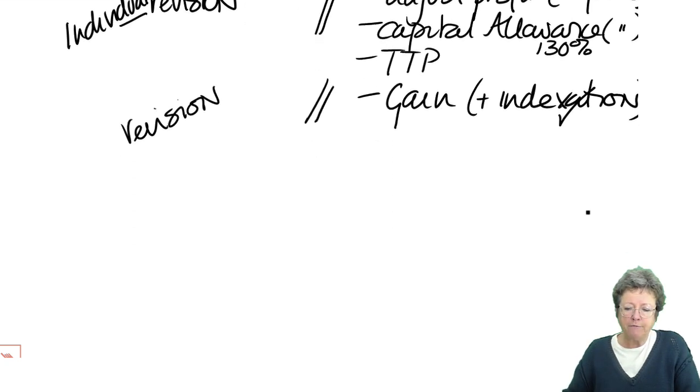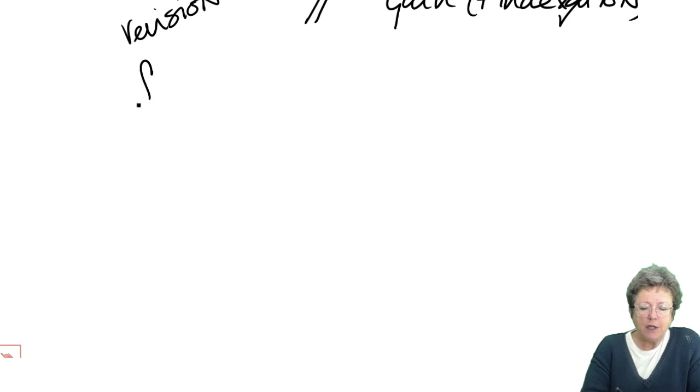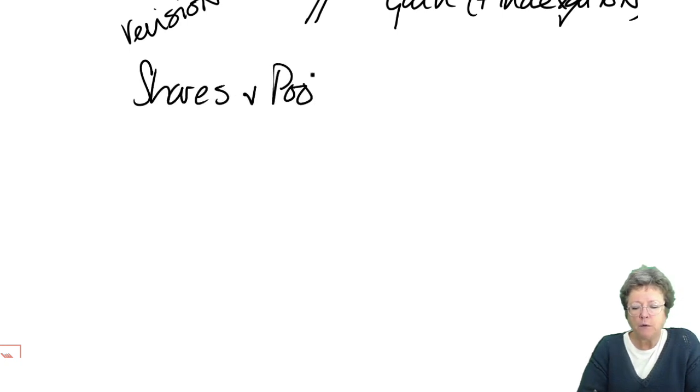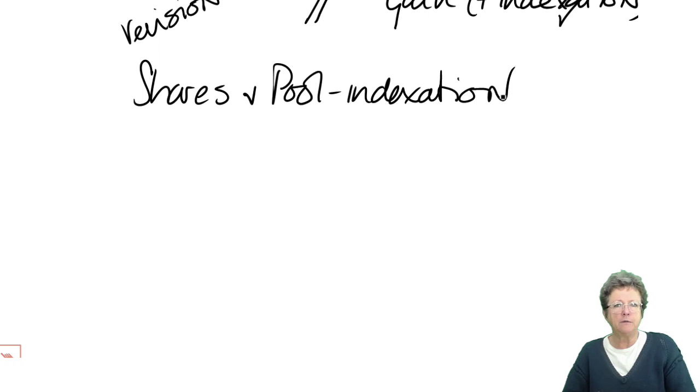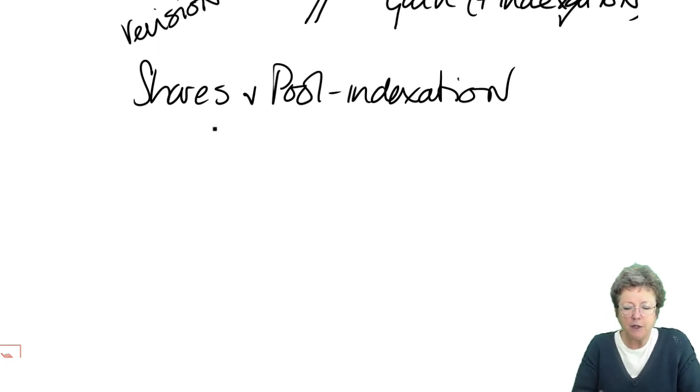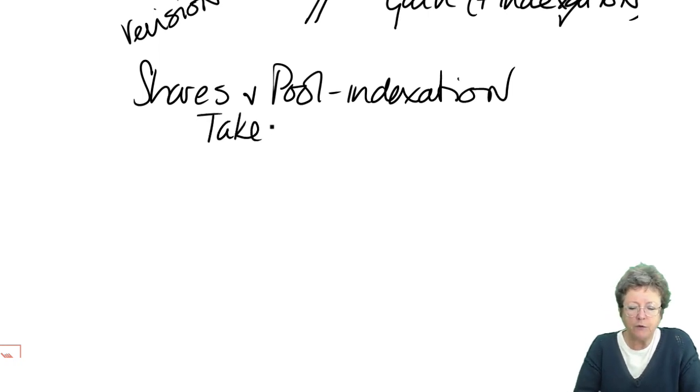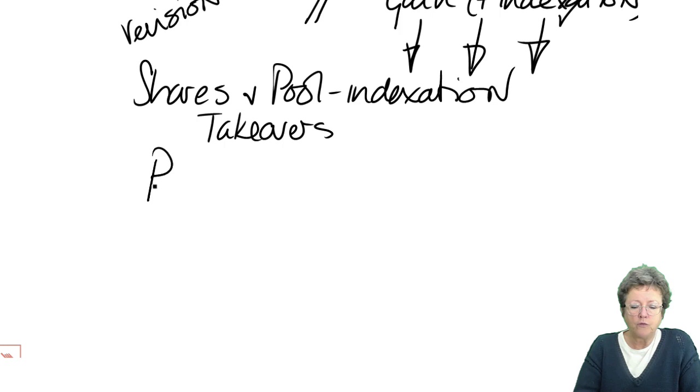The only new thing that we learnt there was that. Now, for companies, shares, do you remember that? And that pool with all the indexation in it. The examiner kind of likes that one because it throws students. Make sure also you can do takeovers when it comes to gains, and rollover.